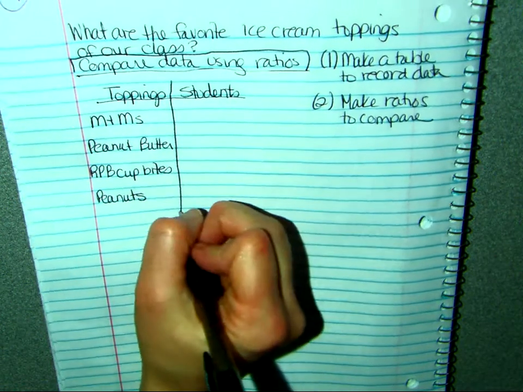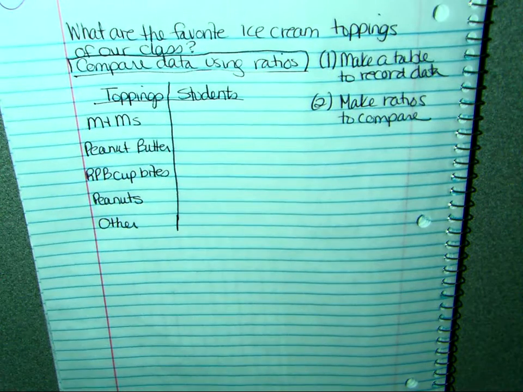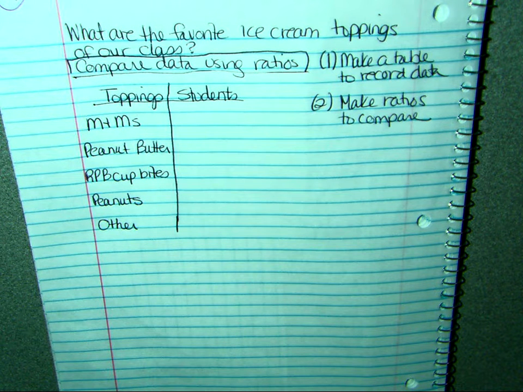And for the sake of space, we're going to put other. And other represents the ones that don't include peanuts. So out of these, in a moment, we're going to take a survey of the class and decide how many of you like each of those toppings.